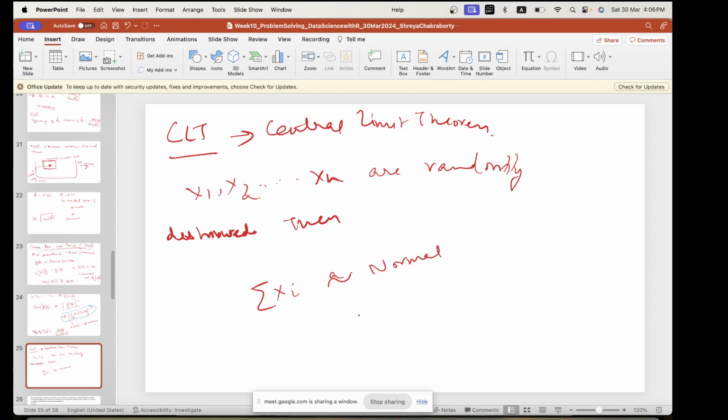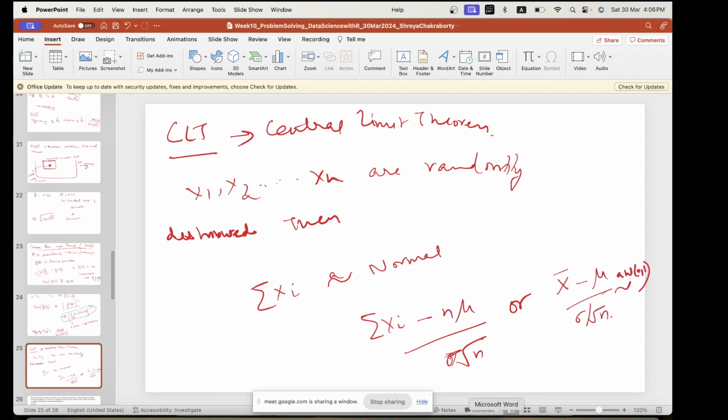If we do (summation Xi minus nμ) by σ root n, or in other words (X bar minus μ) by σ by root n, this follows asymptotically normal(0, 1). This will hold if n is very, very large.